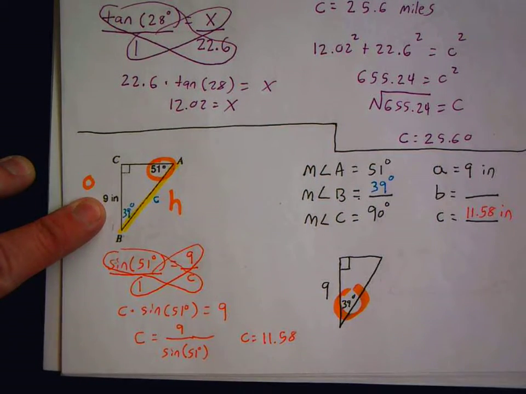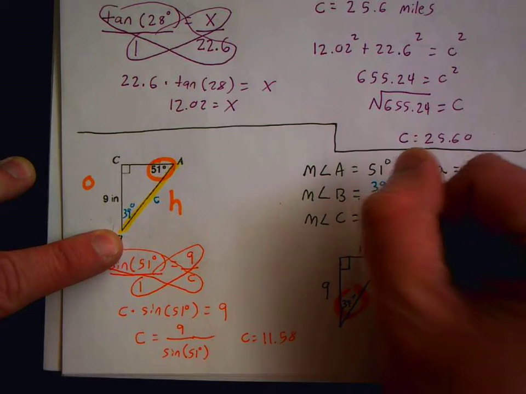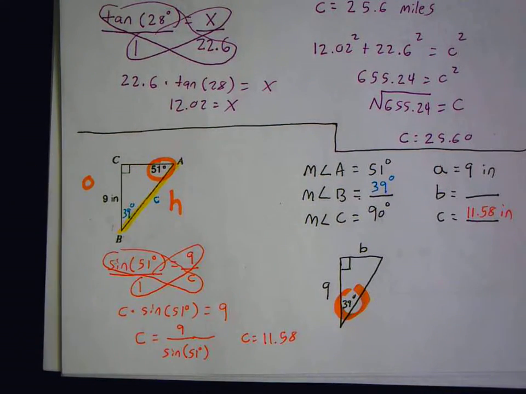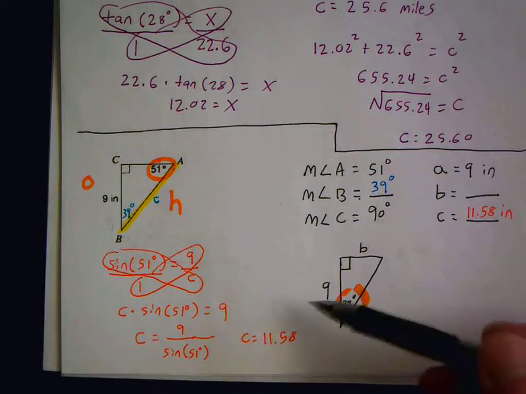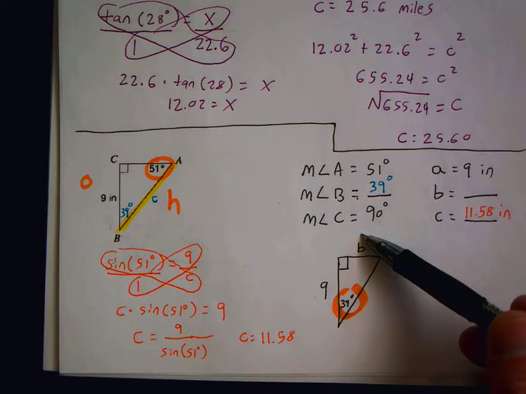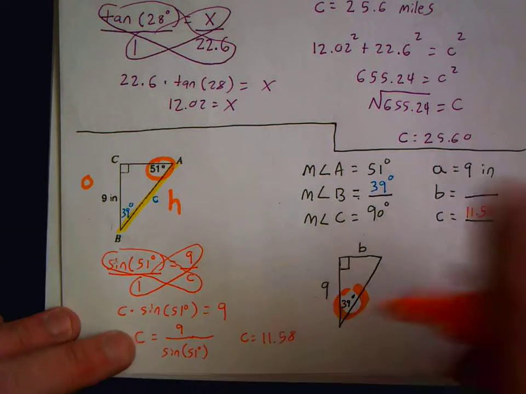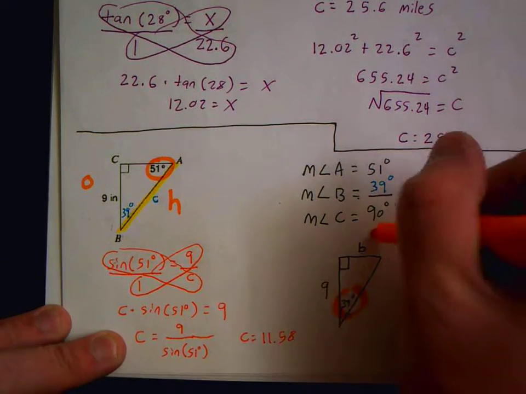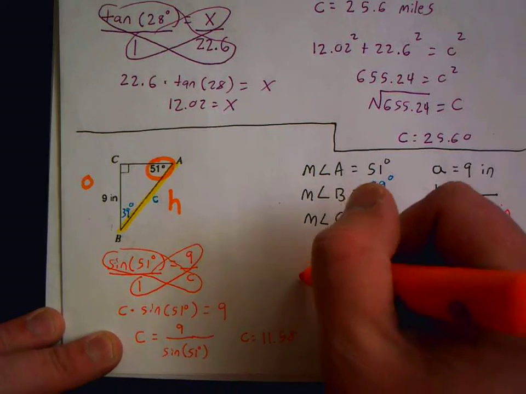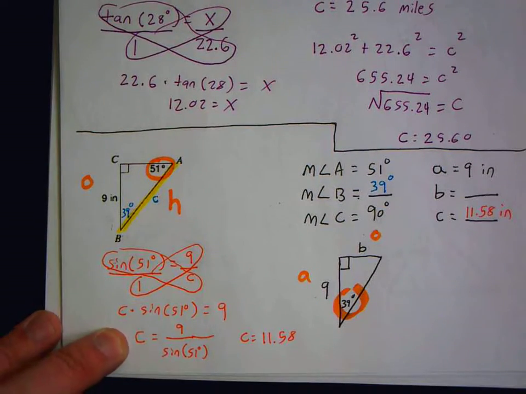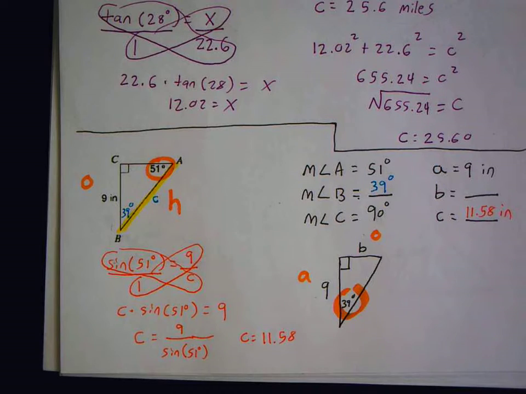And we're trying to find this now, right? You could have, in theory, done a squared plus b squared equals 11.58 squared. All right, so b is my O, and then this is my adjacent. So which trig ratio will I use?